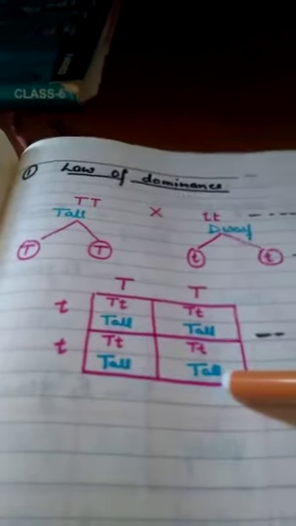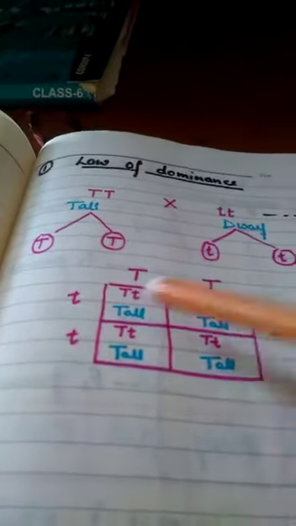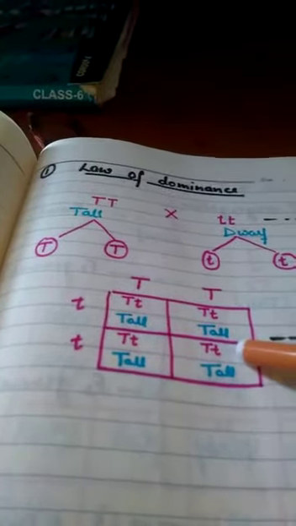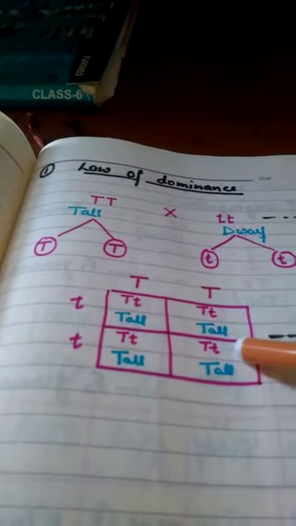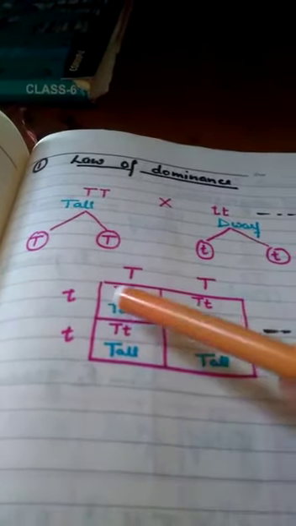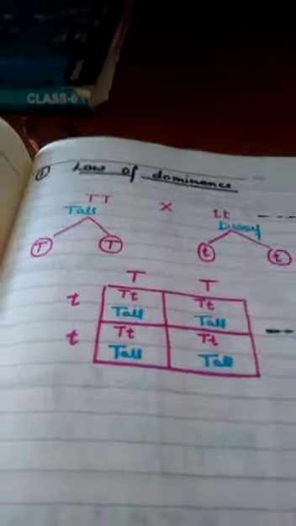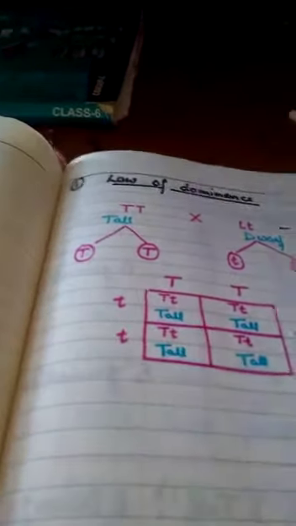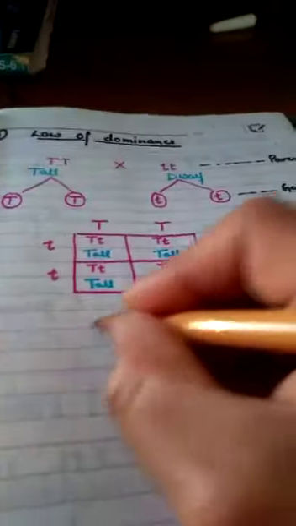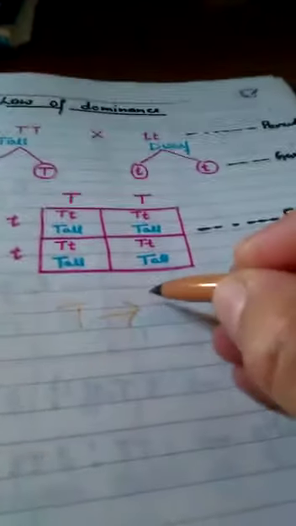So he formulated the law of dominance. He said that in the F1 generation, two different types of alleles are present in the individual, but out of those two, only one is able to express itself, and the one that is able to express itself is called dominant.